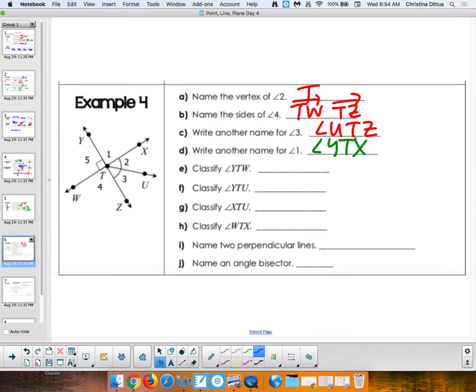Angle YTW is right here. This little box tells me it is a right angle. Angle YTU, I've got Y, T, U over here. This angle, ooh, I missed a little bit, looks like it's more than 90, so we say obtuse.